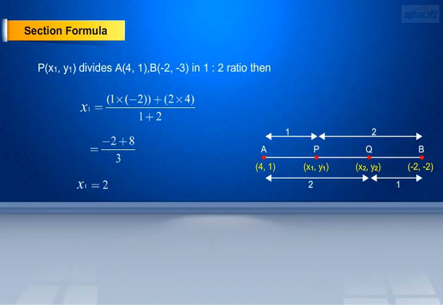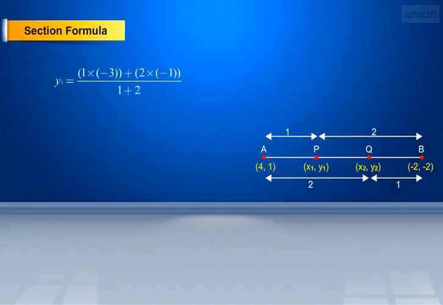Therefore x1 equals 2. y1 equals (1 into -3 plus 2 into -1) divided by (1 plus 2). y1 equals (-3 minus 2) divided by 3. y1 equals -5 divided by 3. Therefore P(x1, y1) equals (2, -5/3).